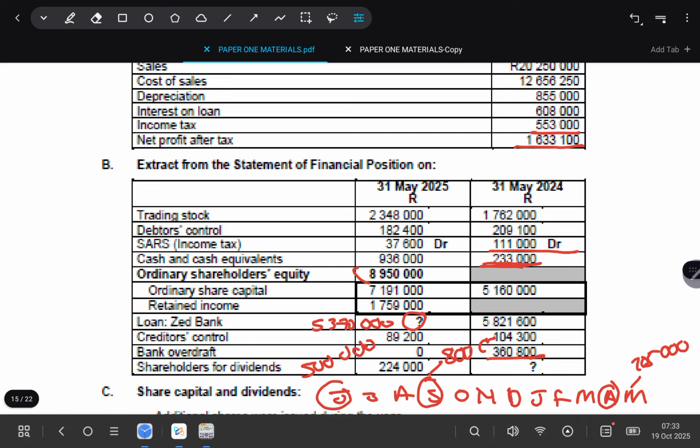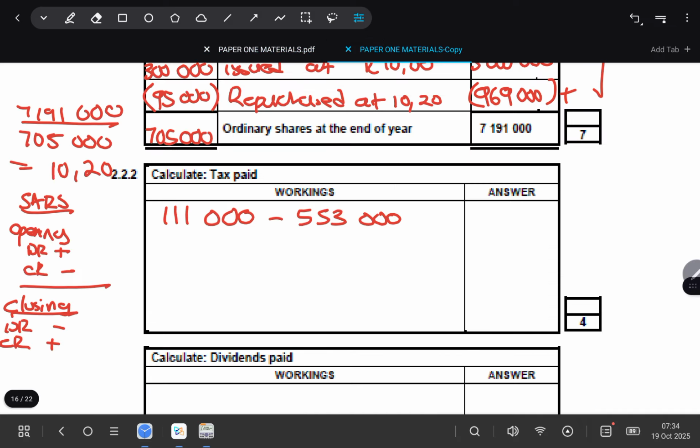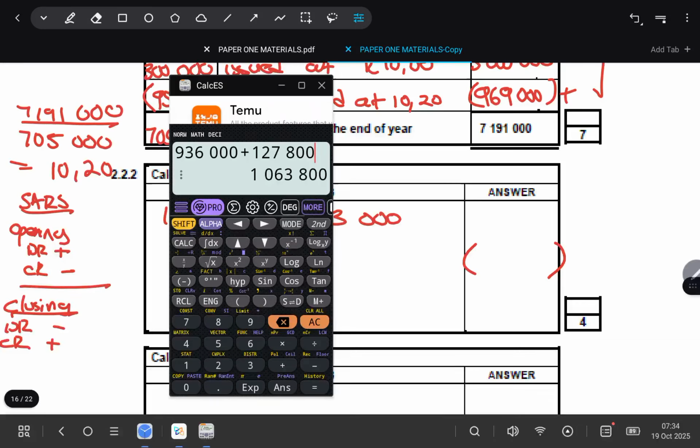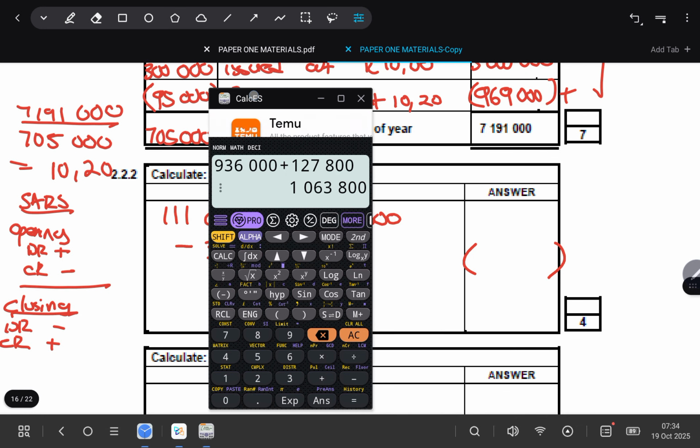Okay, so when I look at this, according to our information, yeah, it's 37,600. Okay, so it means you're going to say minus 37,600. Why minus? Because remember the principle I told you. So when it's like this, when we calculate it, we are going to do as follows.